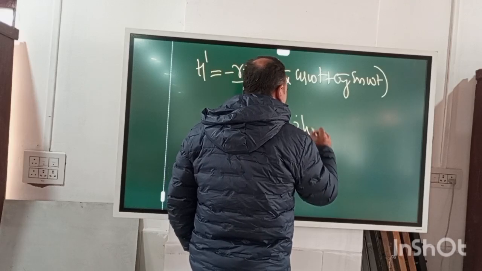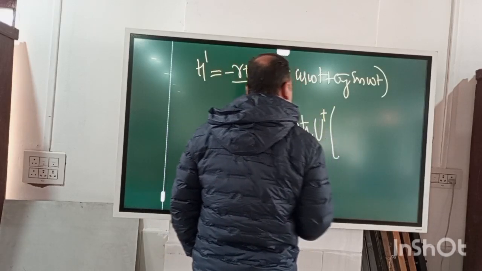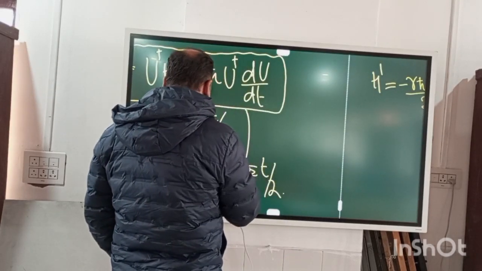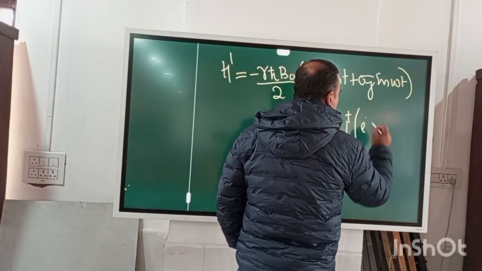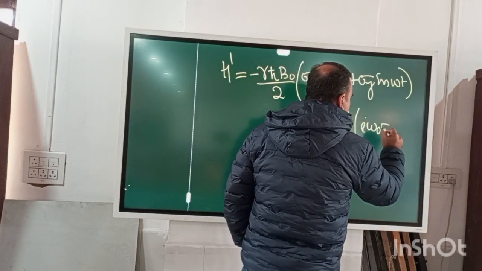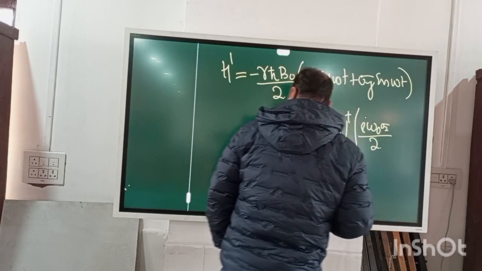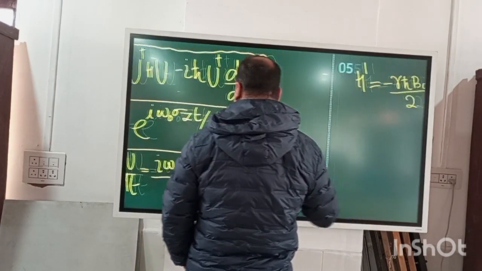Then I will have minus i h bar u dagger times, what's that? That is i omega naught sigma z by 2, and you will have your u again.